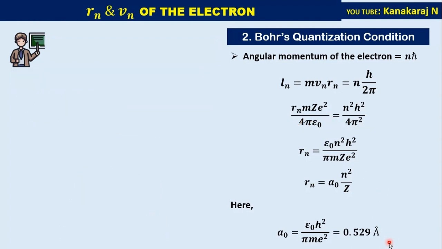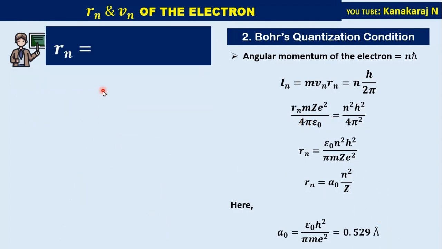So, let us write the value of Rn equals epsilon naught n squared h squared divided by pi m Z e squared equals a naught times n squared divided by Z. Remember, Rn is proportional to n squared and inversely proportional to Z.